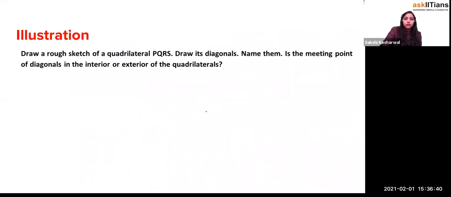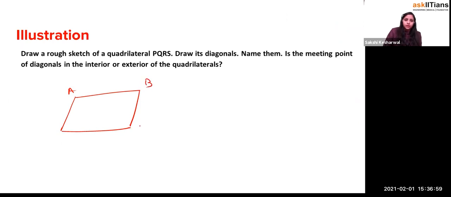Now let's come to the illustration. Draw a rough sketch of a quadrilateral, draw its diagonals, and name them. Is the meeting point of the diagonals in the interior or the exterior of the quadrilateral? As I told you in the last class, when you draw a quadrilateral, there will be two conditions. You can draw a quadrilateral like this.